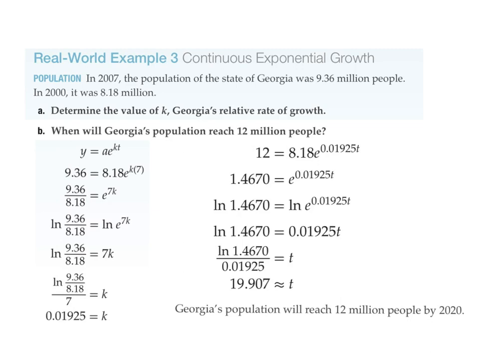Obviously, that's not 12 million, but it's a couple years away, so they would have to grow by 1.5 million people in the next year and a half. So it looks like they're going to fall a little bit short of this prediction, but it's not completely inaccurate either.